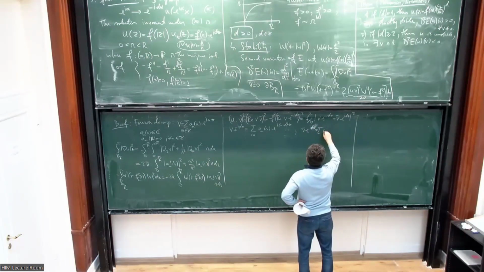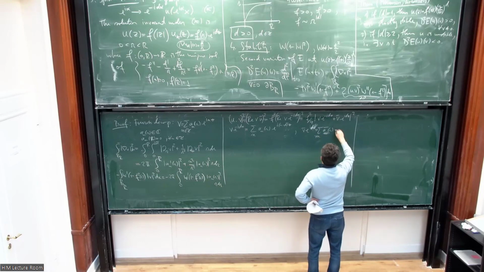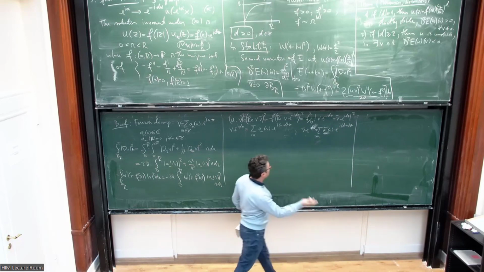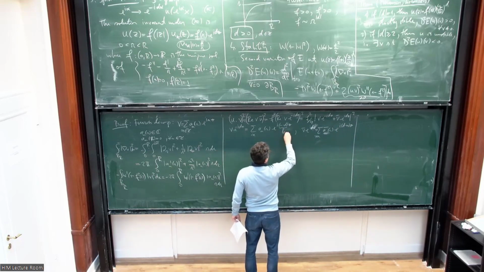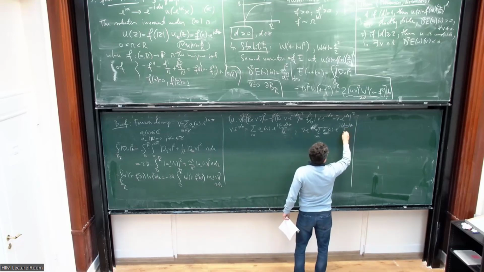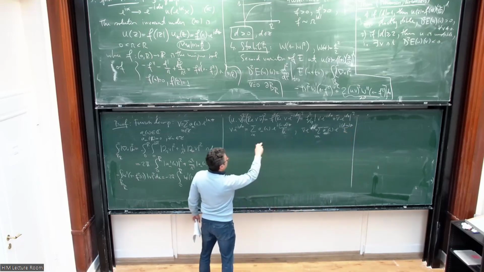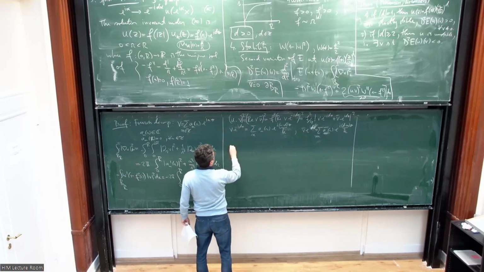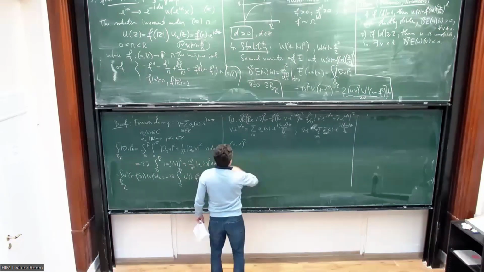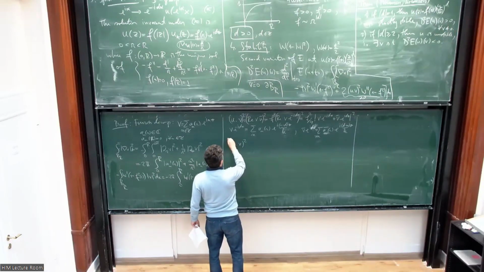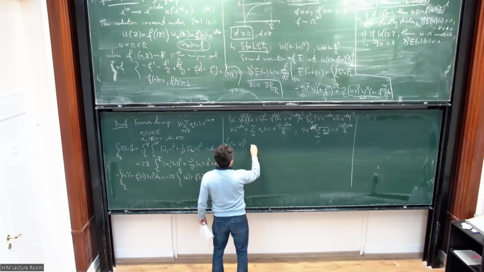This guy is A_m bar, so let me put an m, and then I have e^{i(d minus m) theta}. Right? And I want to put them together. So I call this k, I call this also k. And when we put together, we get that this guy, okay, then maybe I want to integrate at some point.